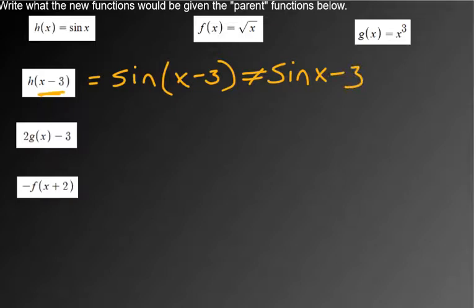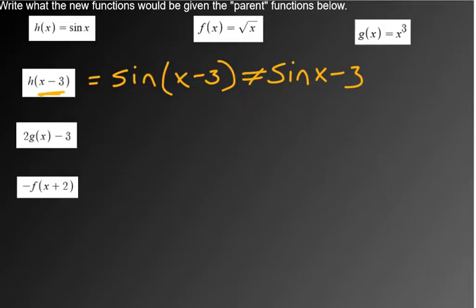These two actually would be very different. Putting parentheses is really important because that reflects the fact that sine is operating on this whole thing in here. Here, the sine function is only operating on x, and then you're subtracting 3 from the result of that. So very different things. This is the one you want.